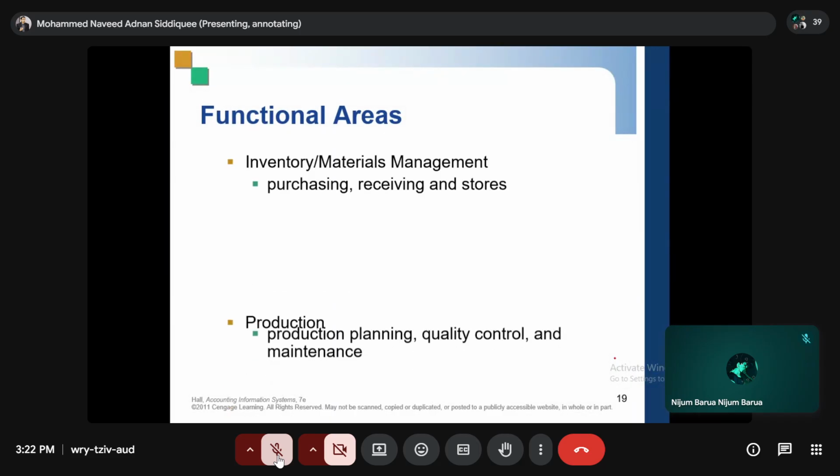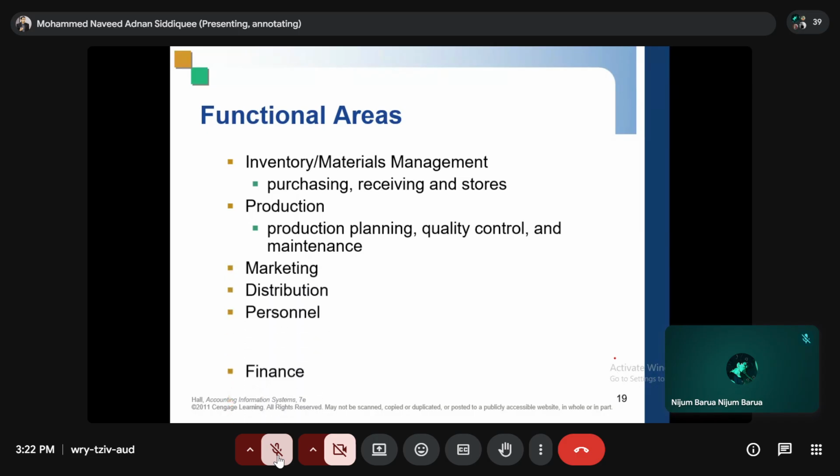There are different functional areas of the business: inventory materials management, production, marketing, distribution, personnel which basically means HR, finance, accounting, computer services.